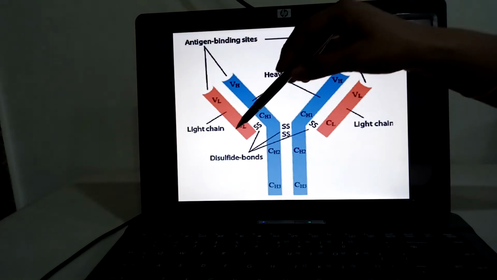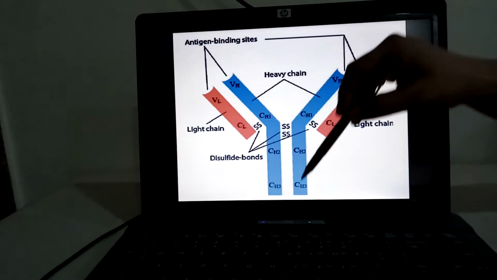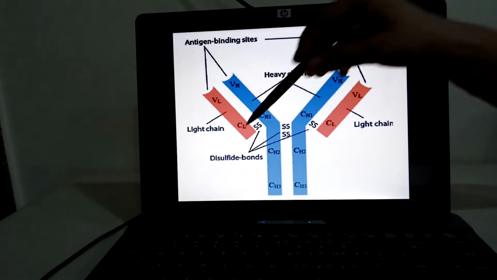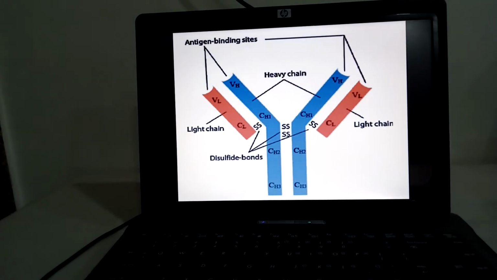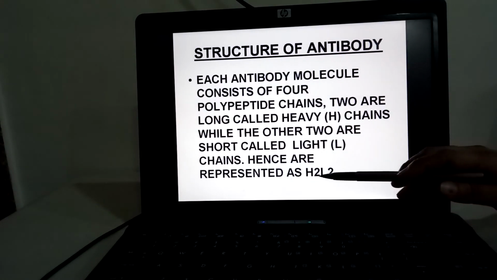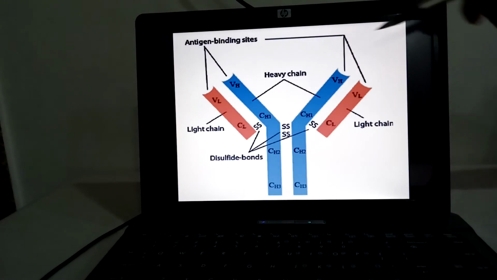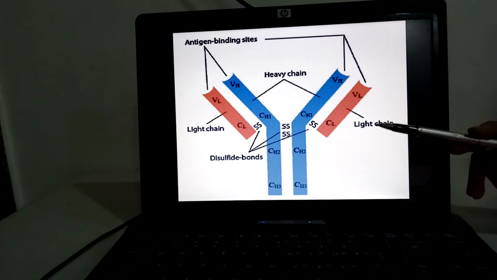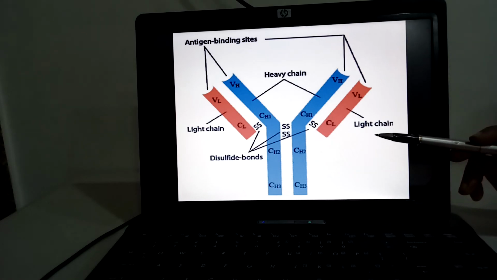So 2 heavy and 2 light, hence represented as H2L2. This is a little information about the antibodies, and these are responsible to fight against any kind of pathogen.